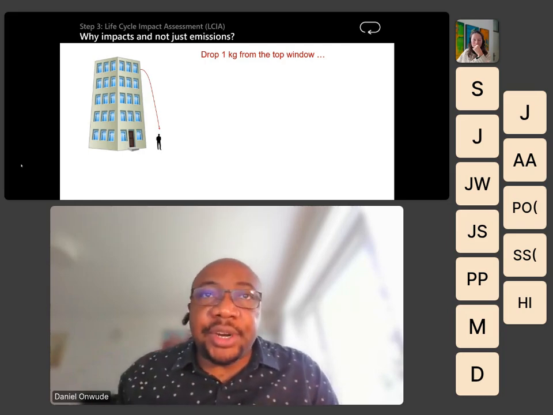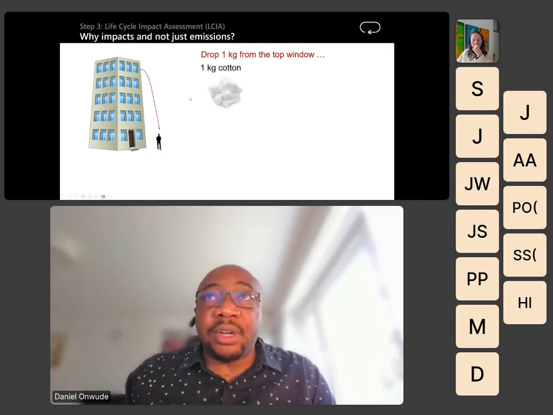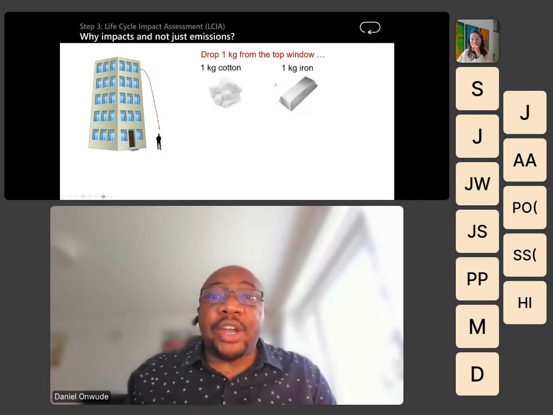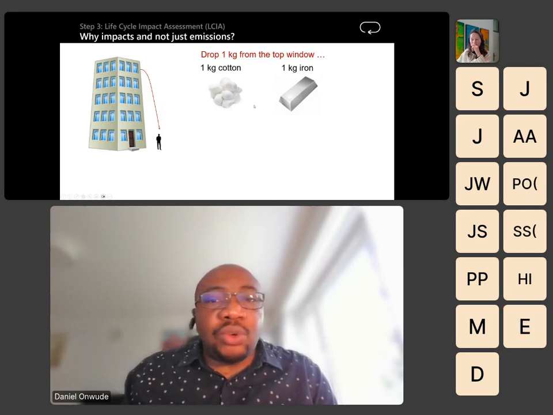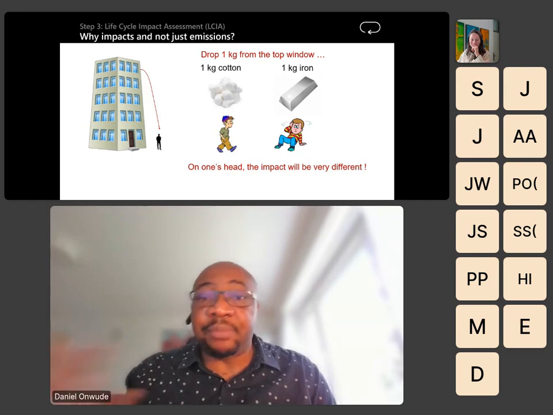Now, if you look at the image on your screen, if you drop, for instance, 1 kilogram of cotton or 1 kilogram of iron, they do not have the same impact, right? Because if you drop it on one's head, the impact will definitely be different.